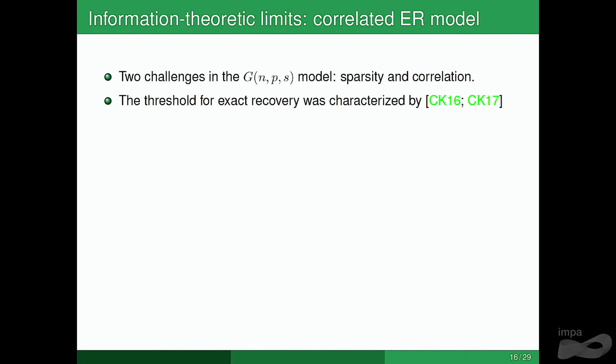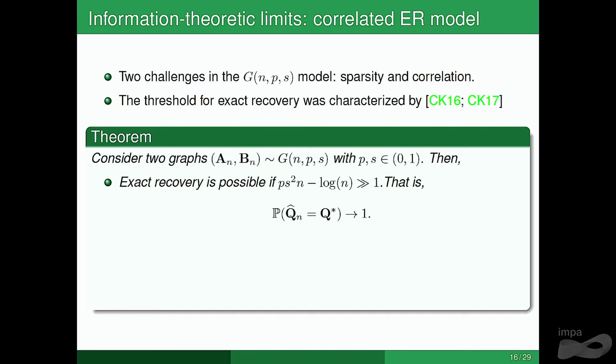So there are results that characterize this threshold for exact recovery that were proposed in 2016 and then were refined in 2017 by Cullina and his co-author, whose name I forgot, but I have the references at the end. Basically, these results say the following.